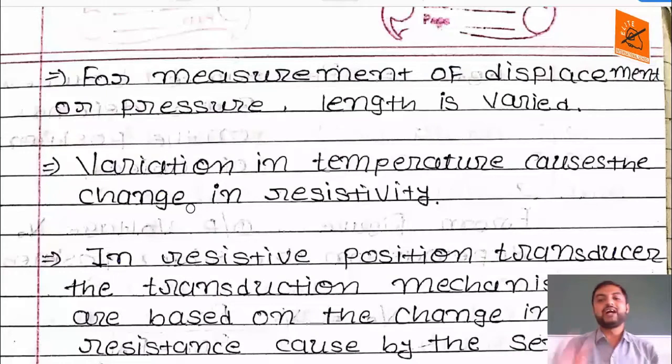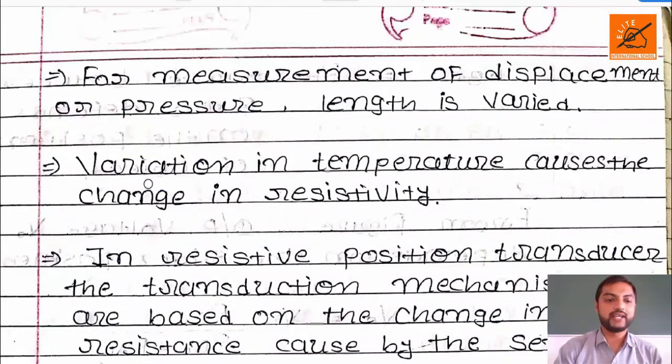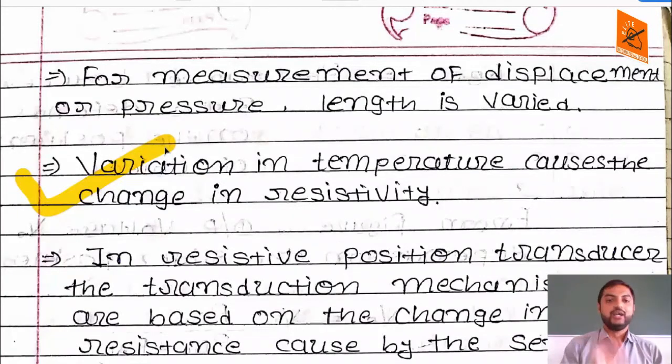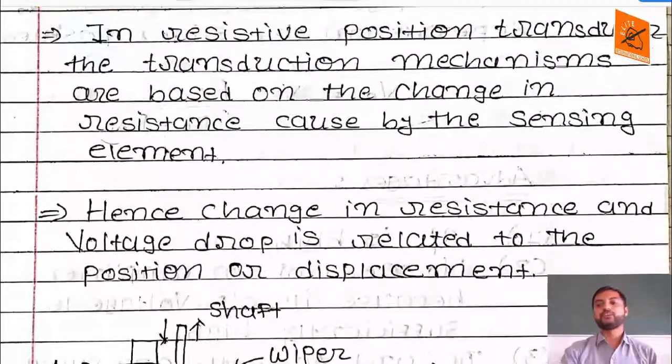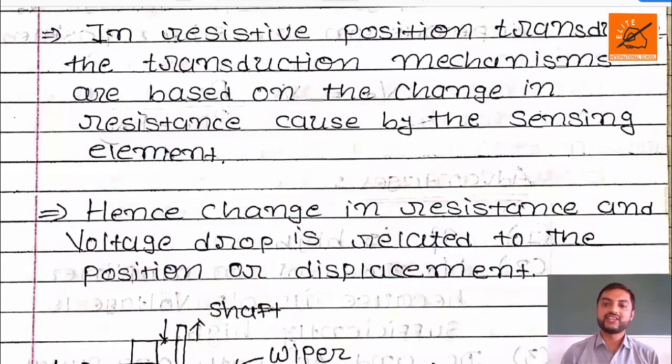Now, if we are talking about temperature, then I have told you that whenever there is a change in temperature, the resistance will change, and this change is due to R equals R_0 (1 + alpha T). In resistive position transducers, the transduction mechanism is based on the change in resistance caused by the sensing element.